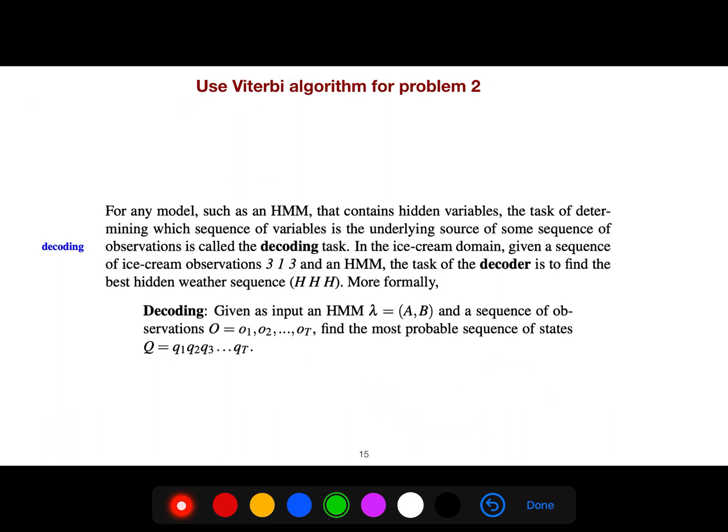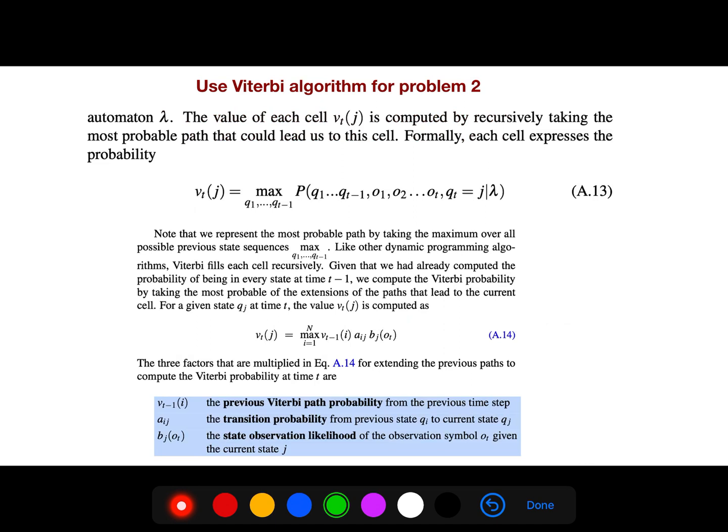But we have another problem, the Viterbi problem. In problem 2, now that we have learned everything, we know the parameters, the transition probabilities A and the emission probabilities B. Now we want to find the most probable sequence of states. Again, we create a data structure. We ask what is the probability of your states and observations, with the state at time t being j, given your model.